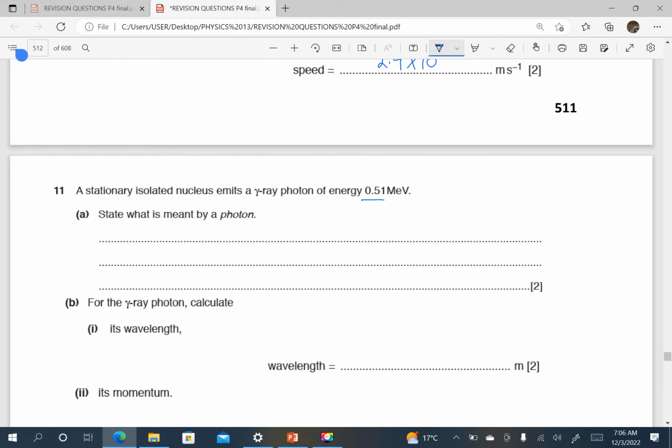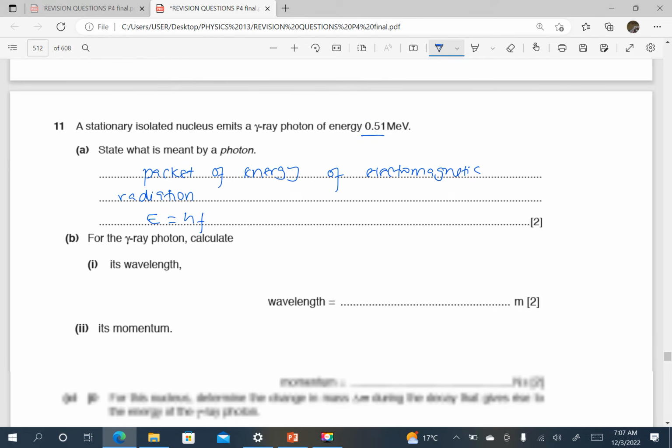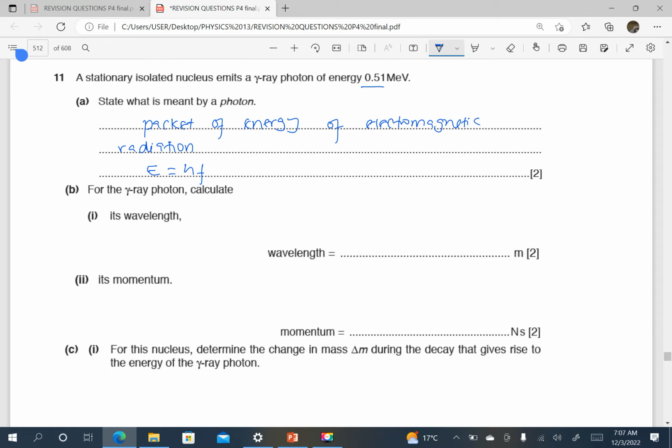So we are now familiar with the photon, that is a packet of energy of electromagnetic radiation, and the energy is equal to h times f. That is a photon. For the gamma ray photon, calculate its wavelength.